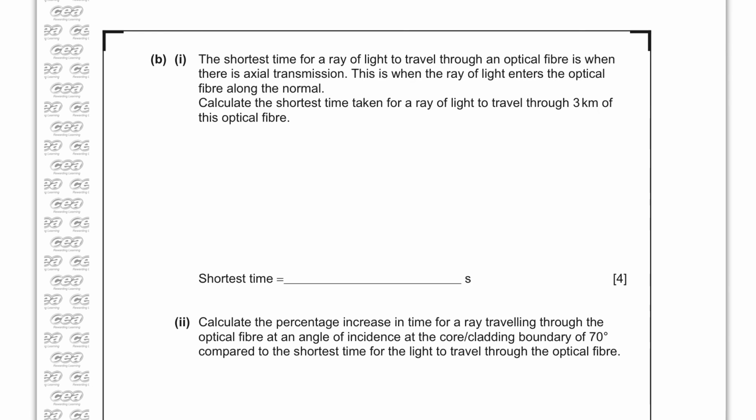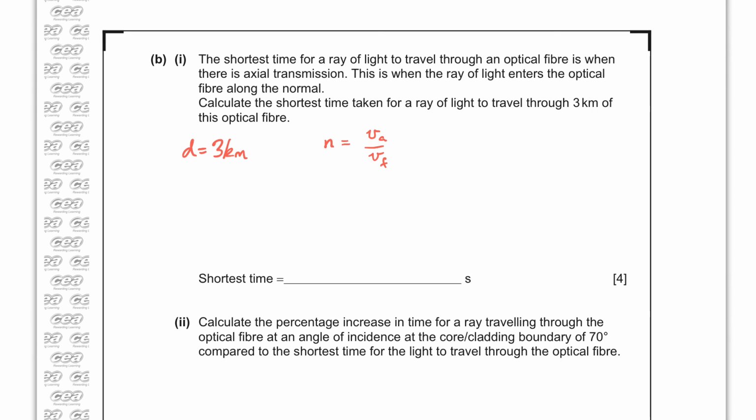So we need to use the refractive index to work out the speed of light in the fiber. And the refractive index is the ratio of the velocity in air to the velocity in the fiber. Now the velocity in air is more or less the velocity in a vacuum, but when they quote n, it's what happens from air to the fiber.